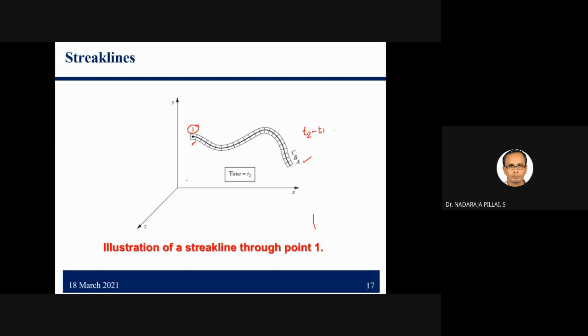Similarly, C is the element that passed through the point 1 just behind the B. Like that, you can write all the fluid elements, right? So it shows that all the fluid elements that have earlier passed through the point 1 over a time interval T2 minus T1. The line that connects all these fluid elements is called the Streakline, right?